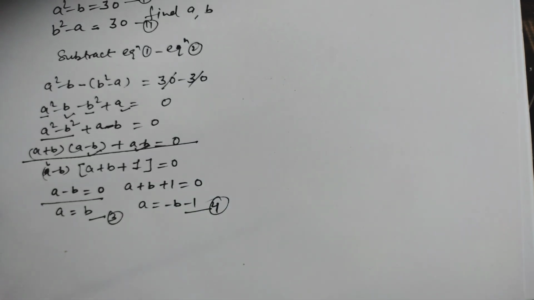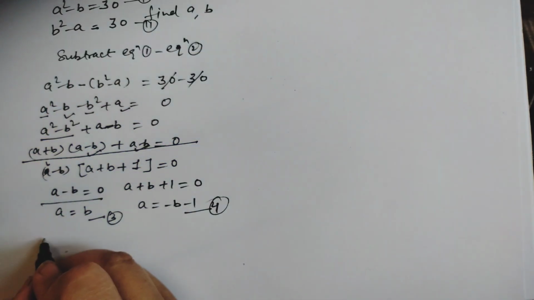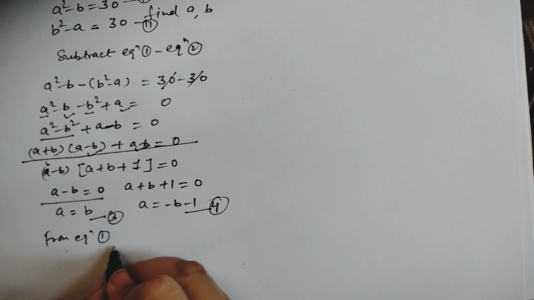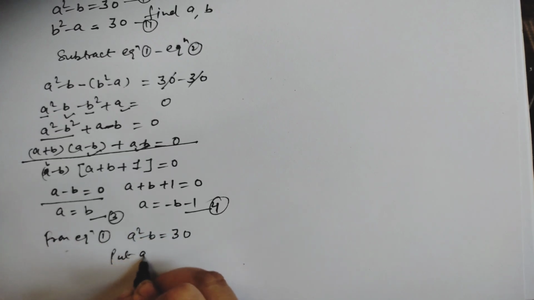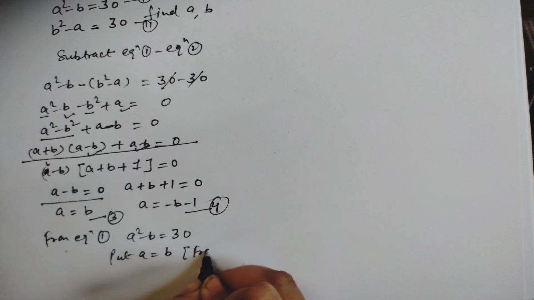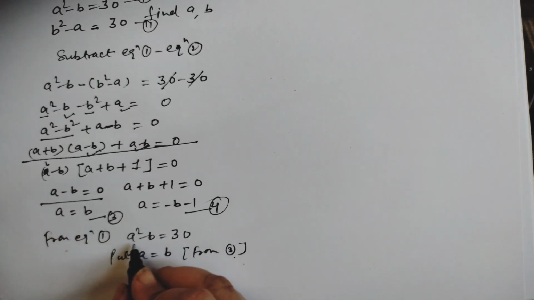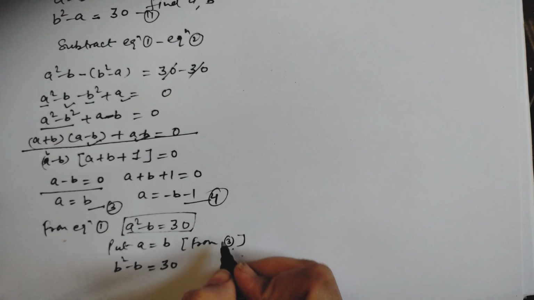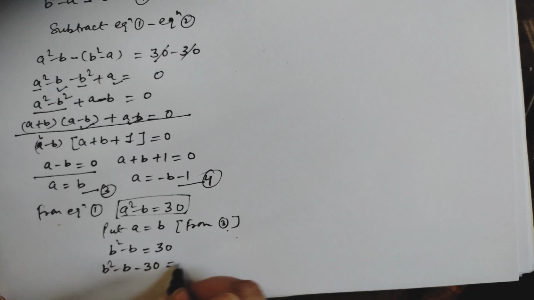Now if you put the value a equals b from equation number 3 into equation number 1, we write the first equation again: a square minus b equals 30, and put a equals b, so b square minus b equals 30. Now the 30 goes to the left hand side, so the right hand side is equal to 0.